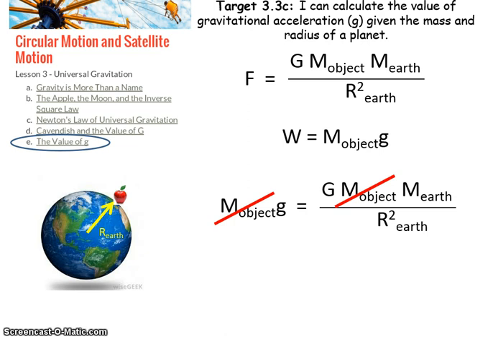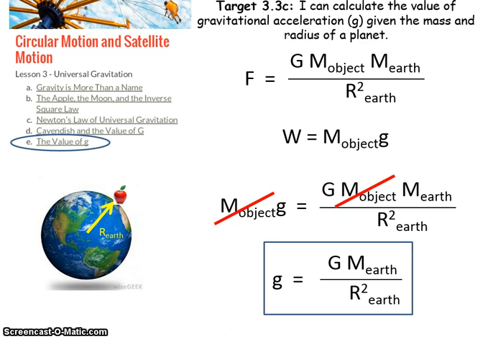And that cancellation is significant because it means that the mass of the object really has nothing to do with its acceleration towards the Earth. That acceleration is going to be approximately constant. So when you cancel out the mass of the object, you're left with a nice formula for calculating the acceleration of gravity near the surface of the Earth.